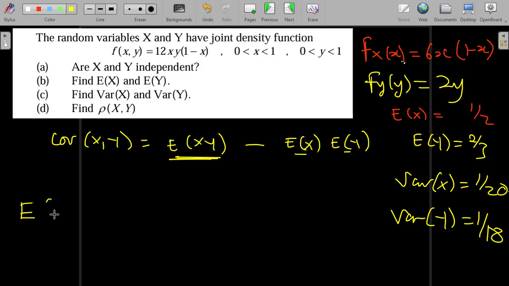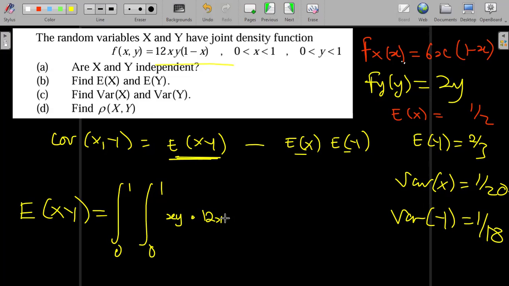So the expected value of XY is equal to the double integral from 0 to 1, 0 to 1, and then you multiply XY and 12x(1 minus x), and then you say dx dy.